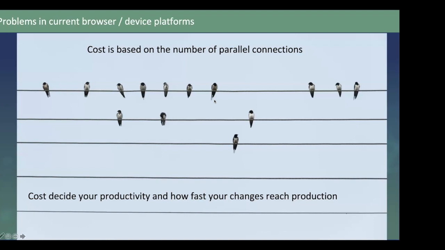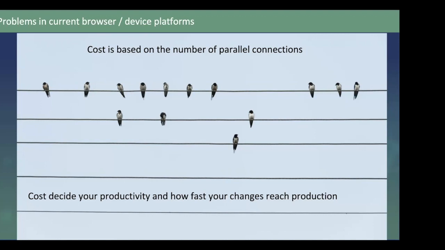The reason I showed you the key ingredient slide is to show how that is in alignment with the current business model of SaaS and cross-browser platforms. One of the problems in current browser and device platforms is that cost is based on the number of parallel connections. If you go to any SaaS platform, they will charge you based on how many parallel connections you need.